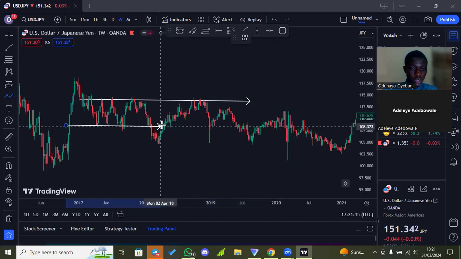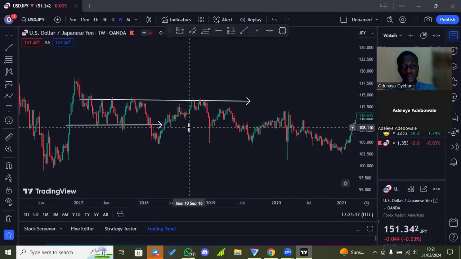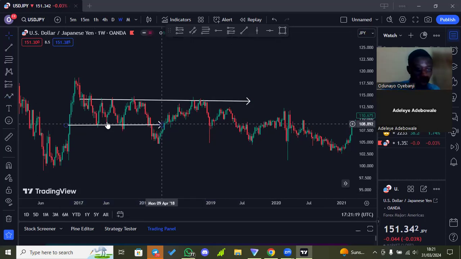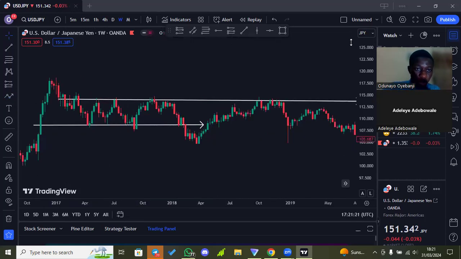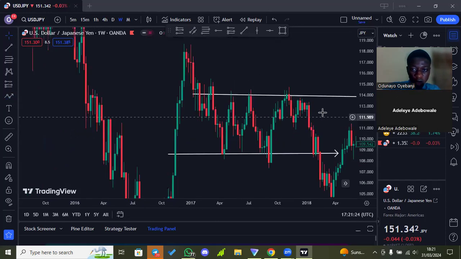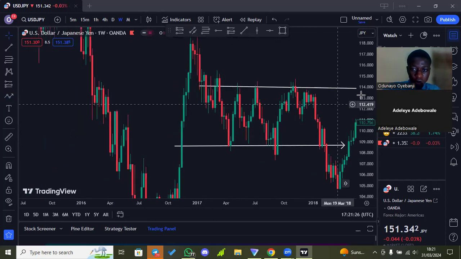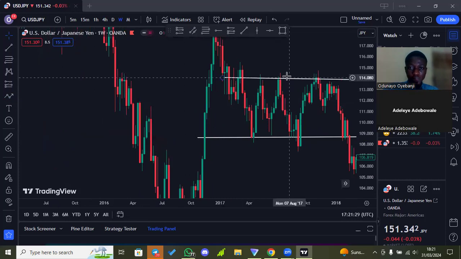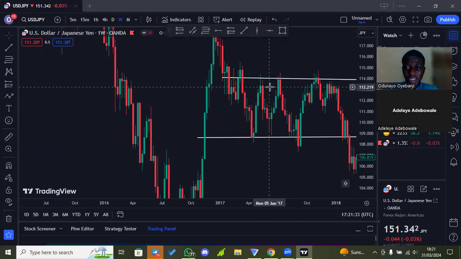Let's just use this little scenario here to check an example of a ranging market. A market that is stuck within a boundary. Are you with me? It is bounded by an upper point and by a lower point.